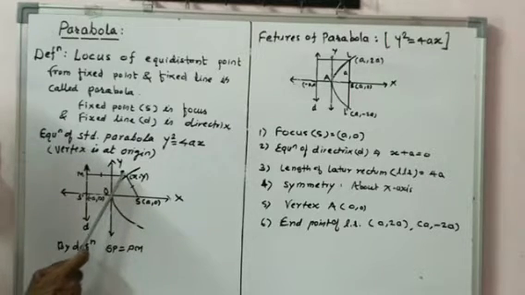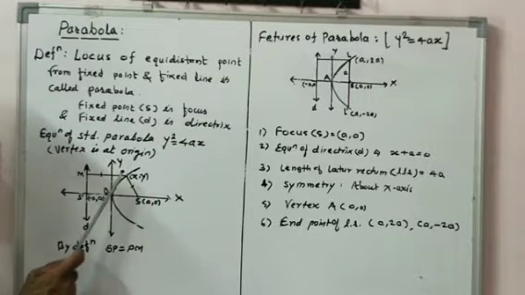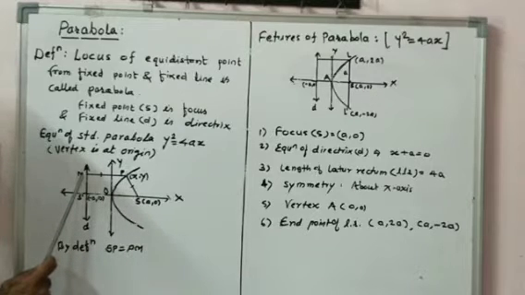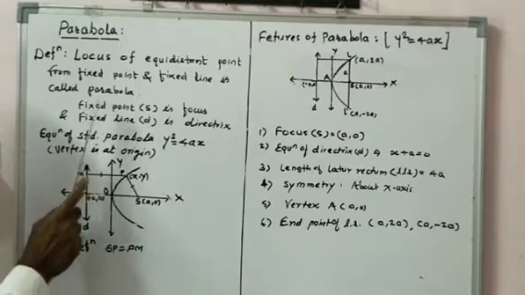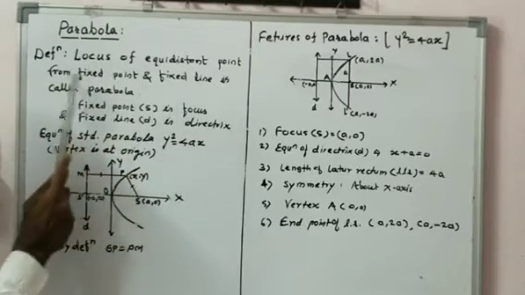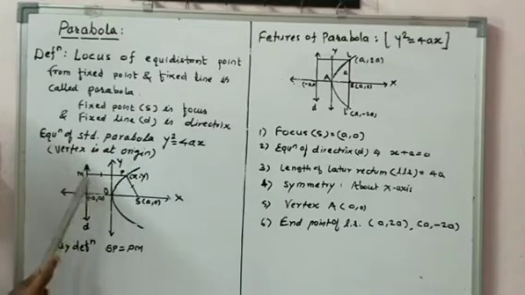We consider the point P. Distance PS and distance PM are the same because of the definition, equidistant from the fixed point and fixed line. Then PM is equal to PS, that is, SP is equal to PM.